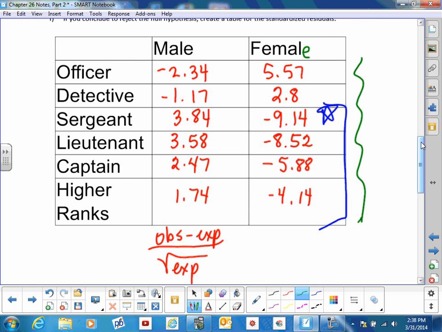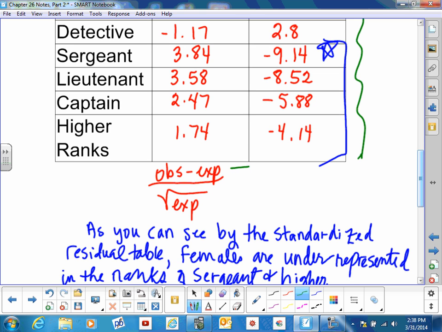Unfortunately, these cannot be done with the calculator. I have found you actually can do just this top part, observed minus expected, but you can't do the square root of expected. Although I'm going to try something and double check that. So you pretty much are going to have to do those by hand.